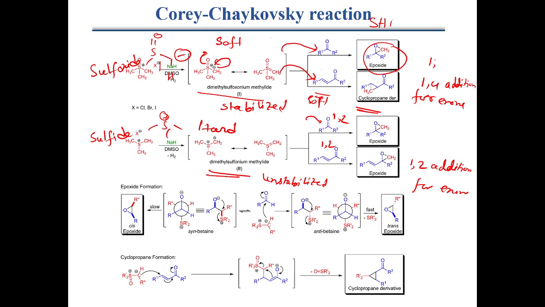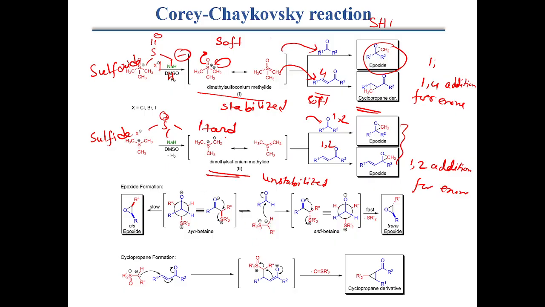As the sulfoxonium methylide is soft and the 1,4 position is soft, it will give the cyclopropane, but in both cases it will give epoxide for sulfonium methylide, as it is hard and there is no stabilization of this negative charge. So what is the mechanism?